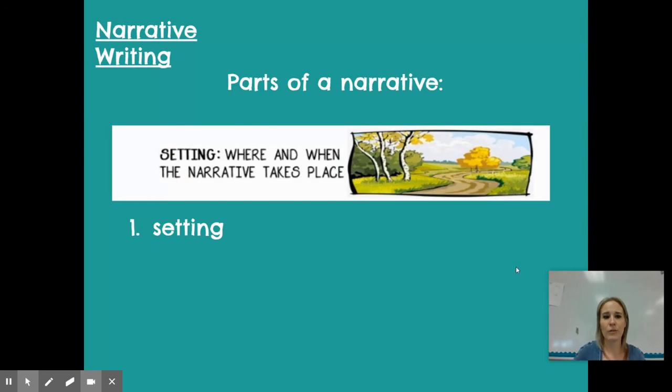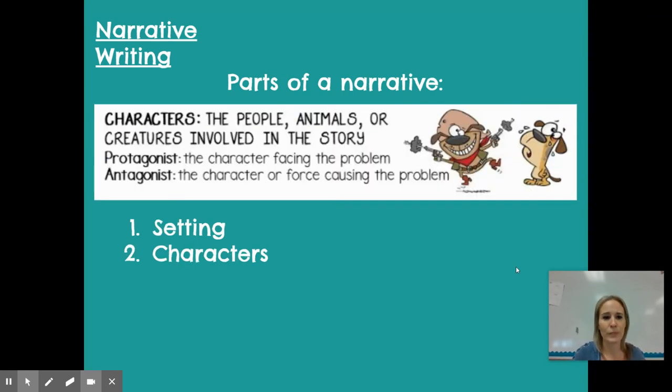All right. So there are parts of a narrative that we want to include when we write our stories. The first we've spent a lot of time with, and that is making sure we set up our setting, the where, the when, that the narrative is taking place, okay? And we know when we talk about setting, we're also going to be describing it where the reader gets a feel for the mood, okay? Second thing, you want to make sure you have characters.